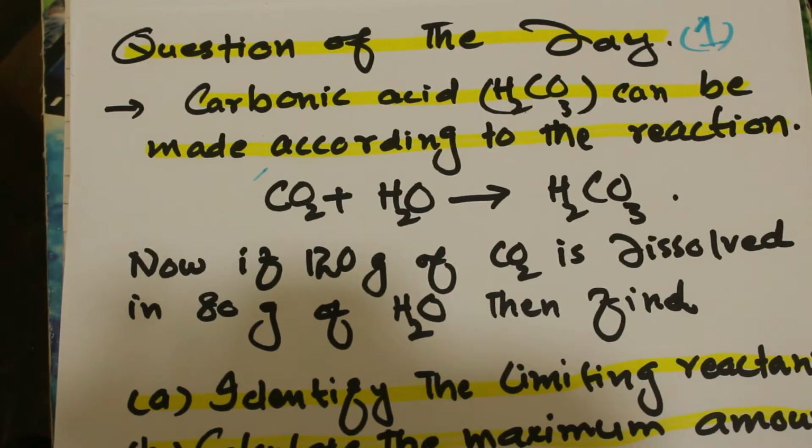Now the excess reactant is completely opposite to the limiting reactant. It is the kind of reactant which doesn't consume completely in a chemical reaction, and some of its amount remains unreacted.